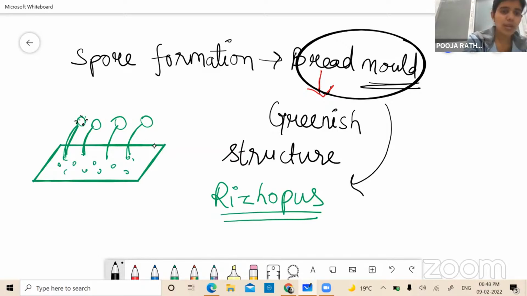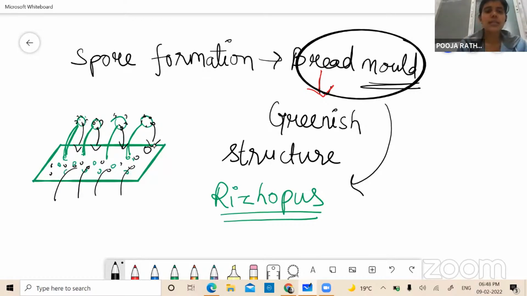After some time, when these spores get mature, they get detached. When they get detached, they fall over the bread again, and the daughter spores which fall over the bread undergo spore formation the next time. This is how they reproduce. These are called spores.